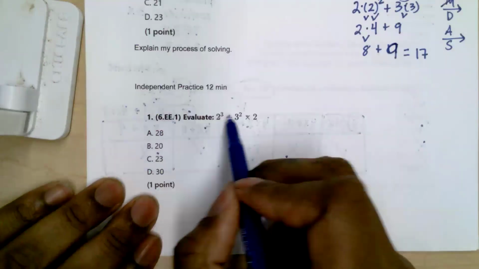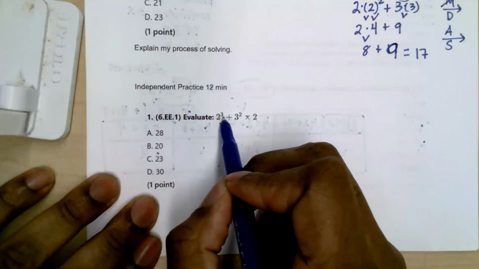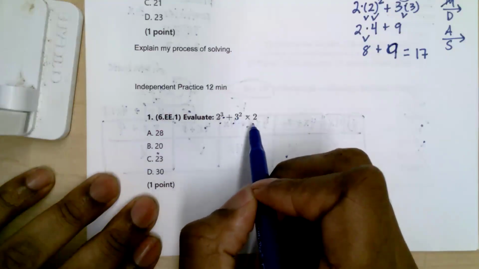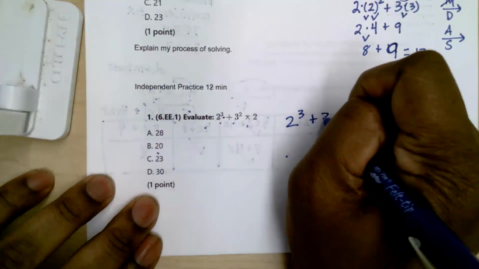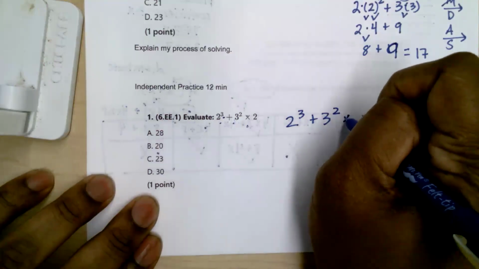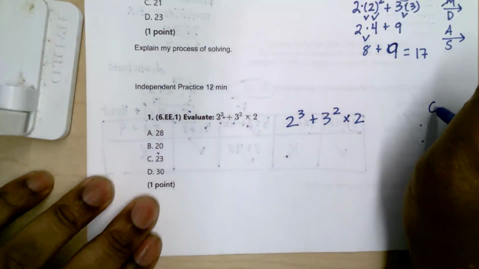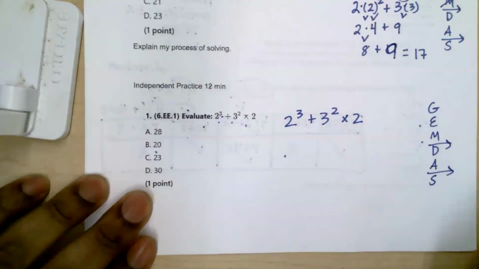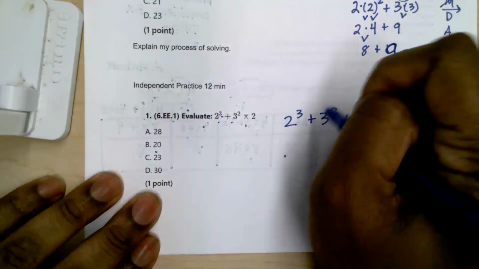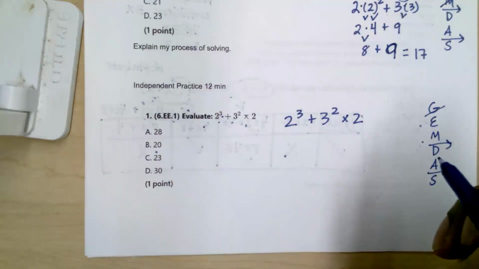Look at this one. Evaluate 2 to the third power plus 3 to the second power times 2. Since I'm solving, I want to write GEMDAS every single time. There are no parentheses, so I'm doing exponents.